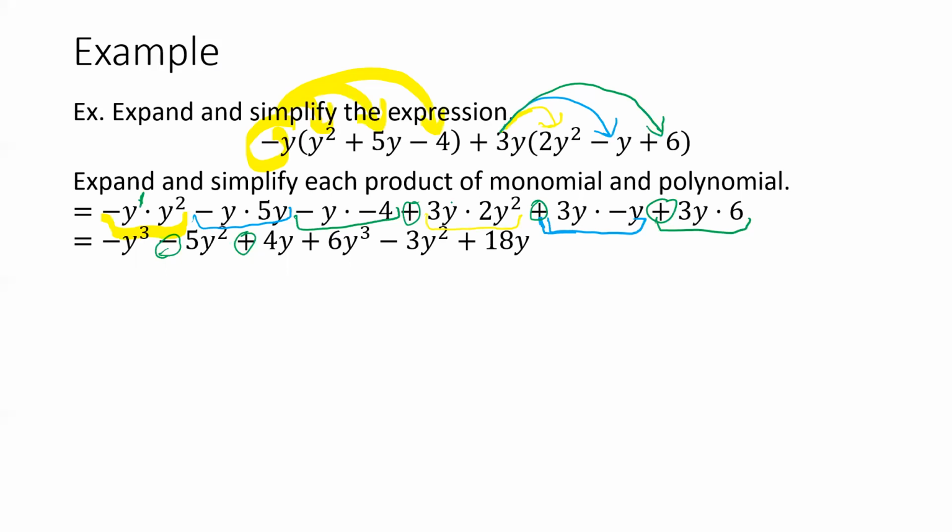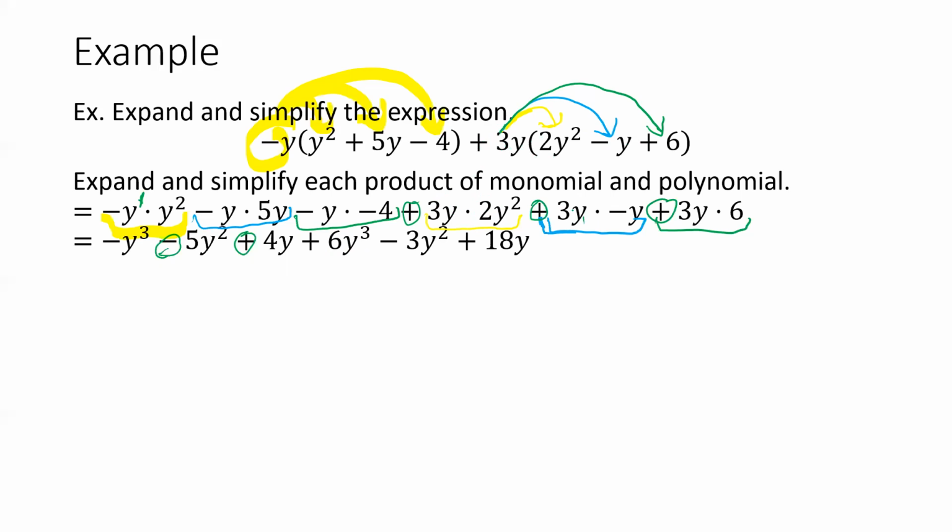And then I get to my fourth term, which is linked to the second half of the expression there. So I'm going to take 3y times 2y squared. 3 times 2 gives me 6, and y times y squared is 6y cubed. And then I have 3y multiplied by negative y.